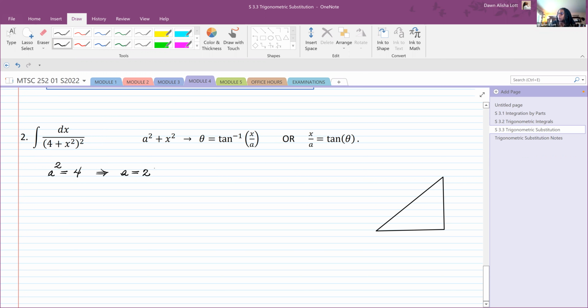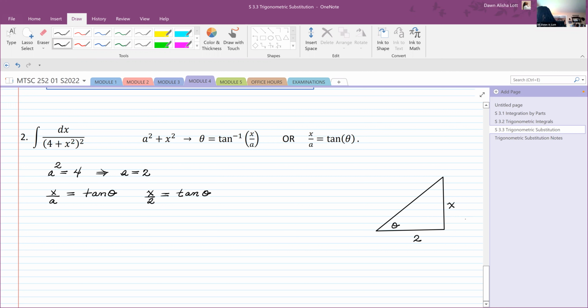Okay, so we're going to use the fact that x over a is the tangent of theta. So now x over a, in our case, that's x over 2, is the tangent of theta. So here's theta, here's x, and here's 2.